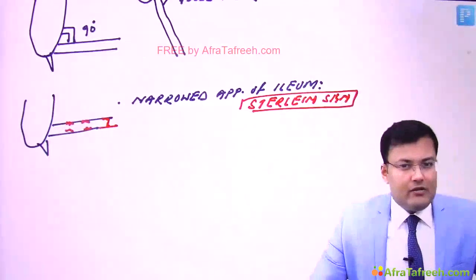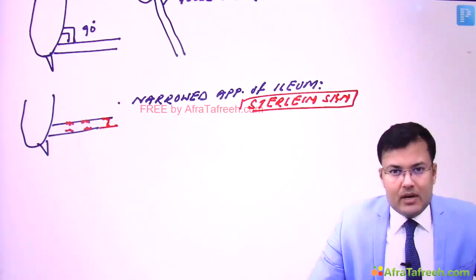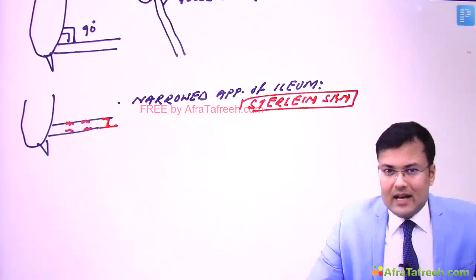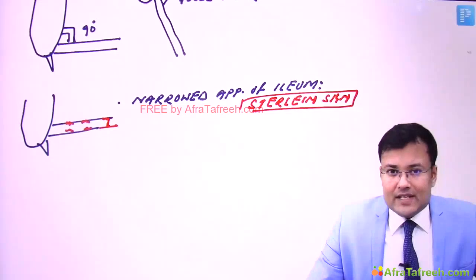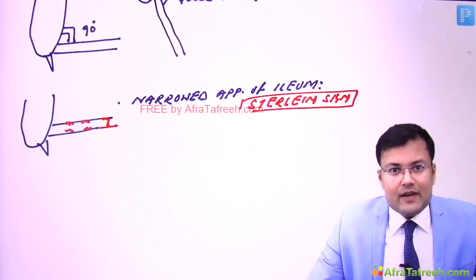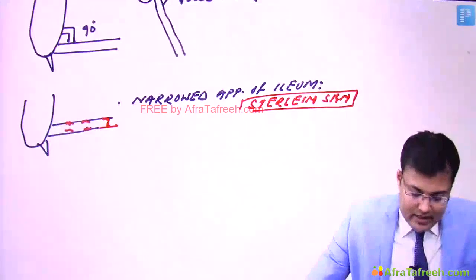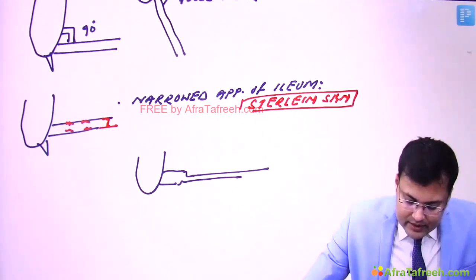Now see, whenever there is formation of an established stricture, what's the problem? There is persistent narrowing of the ileum because of the established stricture, and this is known as string sign of Cantor. Imagine this is the cecum, this is the ileum. This is the established stricture and this is the normal ileum.